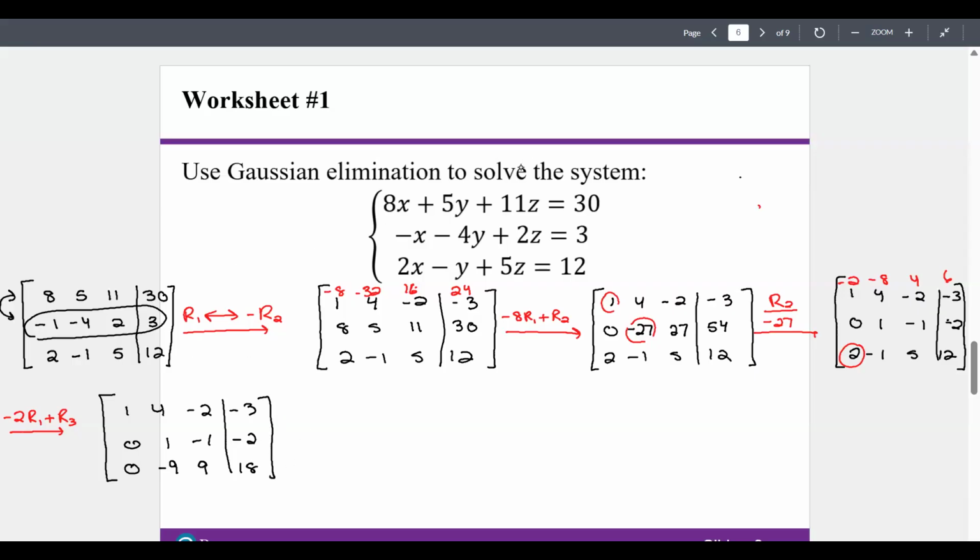We're going to see here pretty quickly the situation we have. We could just leave it like this because we just want to get rid of this -9. So we'll just go +9 R2 plus R3. So this will be 9, -9, and -18.